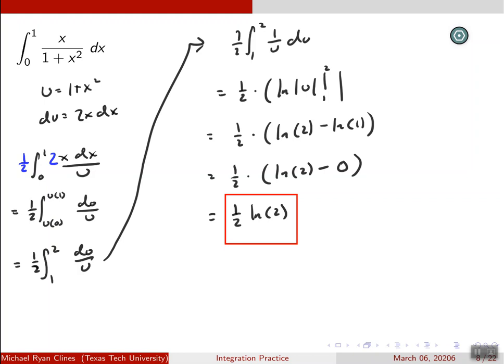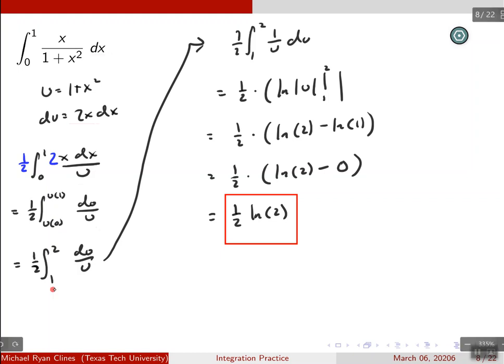So what we did here, we set u equal to 1 plus x squared, calculated the du, introduced new variables into our integral, and converted it from a function of x dx to a function of u du. But because we did that, we had to adjust our limits of integration accordingly. And so the limits of integration went from 0 to 1, they became 1 to 2.